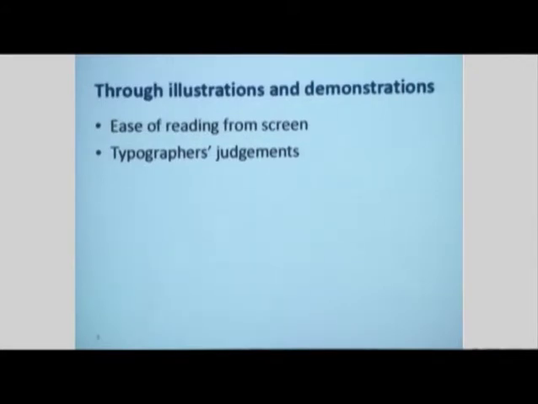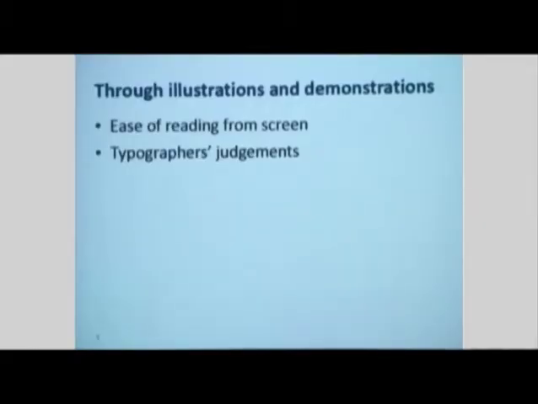It's actually, I suppose, legibility research and conducted on screen. And the second area of research, which is quite different, although I'll show you that there are similarities, is looking at typographers' judgments. So that might be of interest to you if you're a type educator or a type designer.